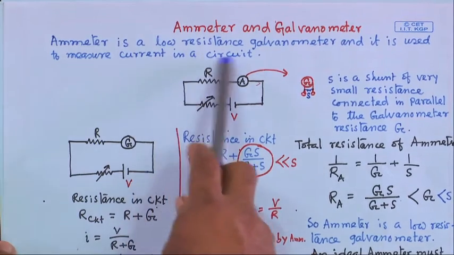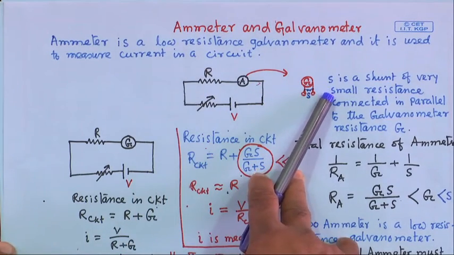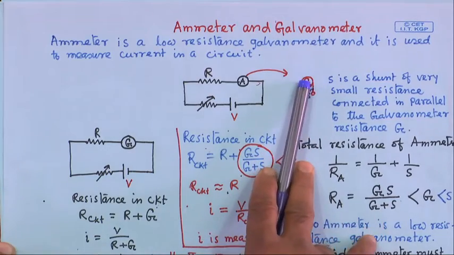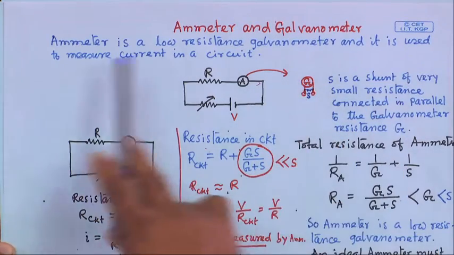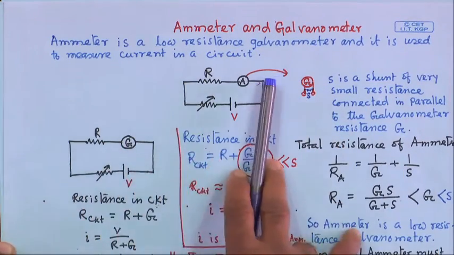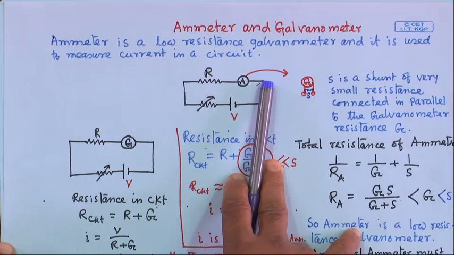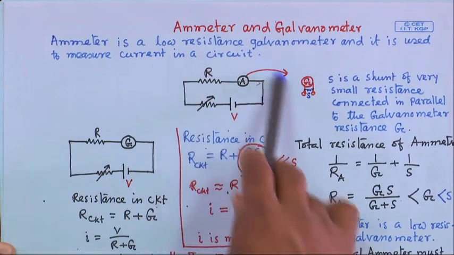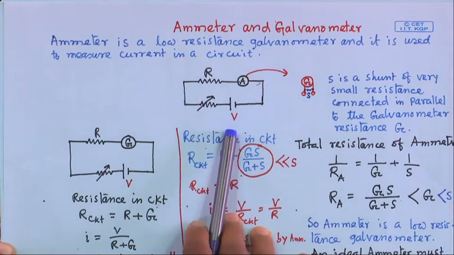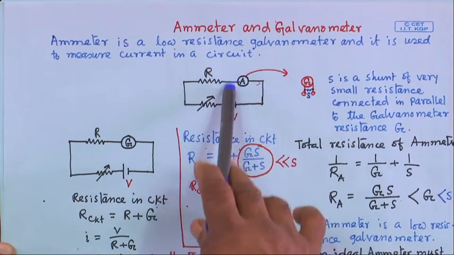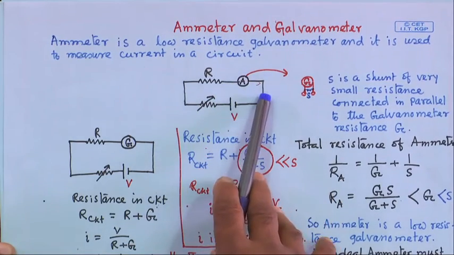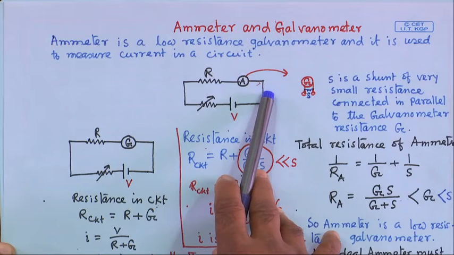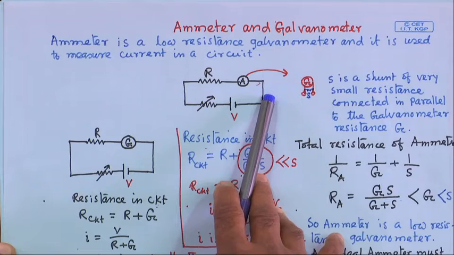It is a low resistance galvanometer, and it is used to measure current in a circuit. This is a typical electrical circuit, and this ammeter we connect in series in the circuit.